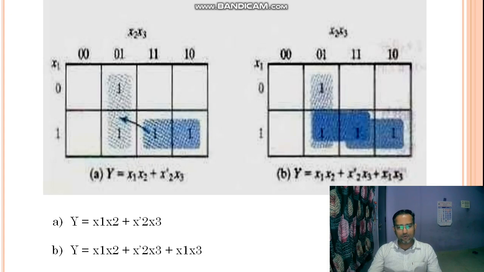Here the groups are separated. There are three groups in this diagram: group 1, group 2, group 3. In the first diagram there are two groups. This is the real value. In this real value, the shaded part means the hazards happen here. The 0 to 1 transition hazard means static 0 hazard.